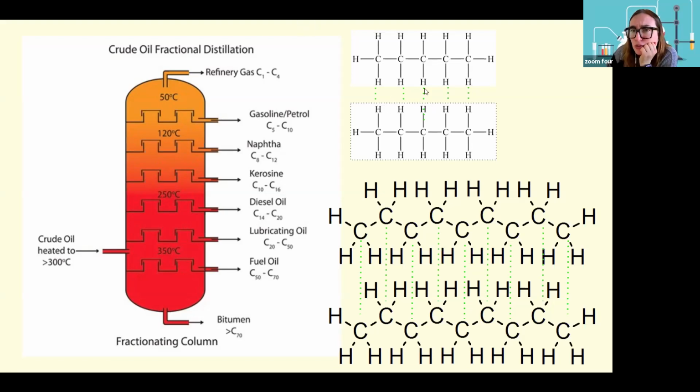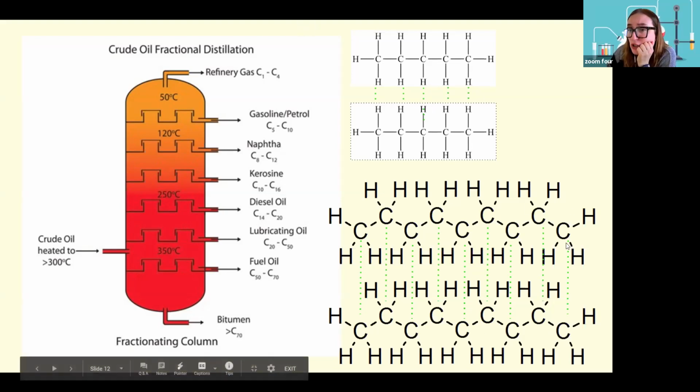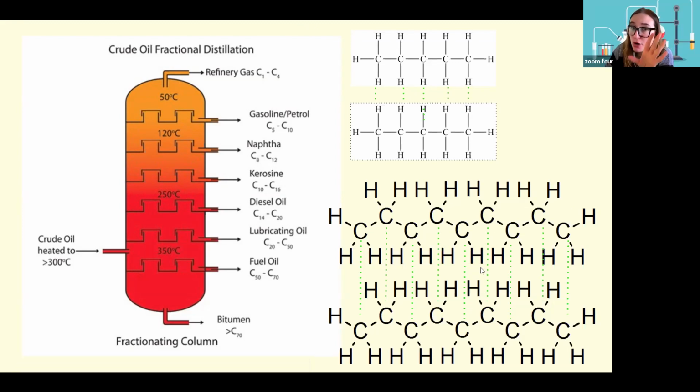Well, I've drawn some dots here to show you what we call intermolecular forces. Now, don't be too thrown by that. What that basically means is how much are those molecules holding on to each other closely. Now, intermolecular forces are between everything, okay? When you have a glass of water, they have intermolecular forces in there that kind of hold the water molecules together.